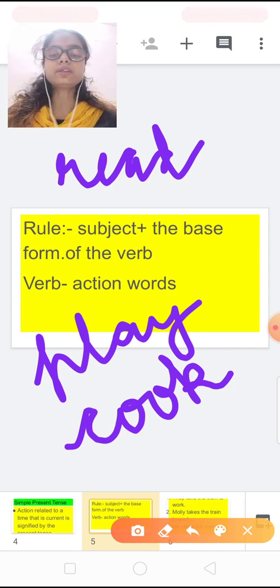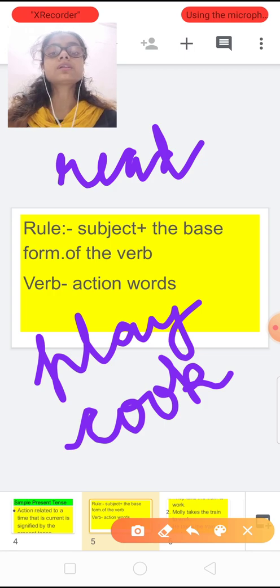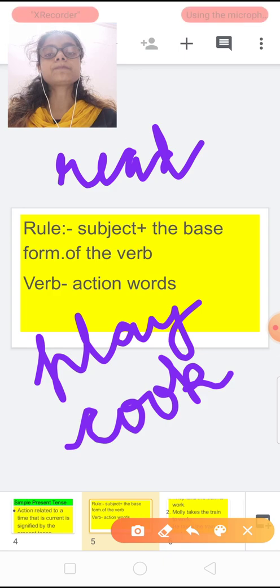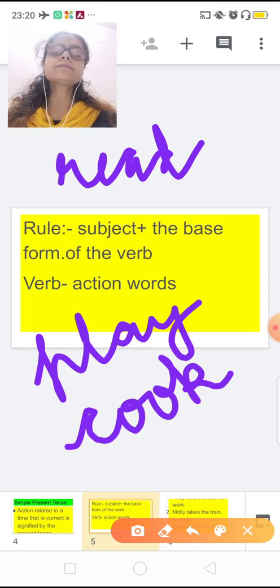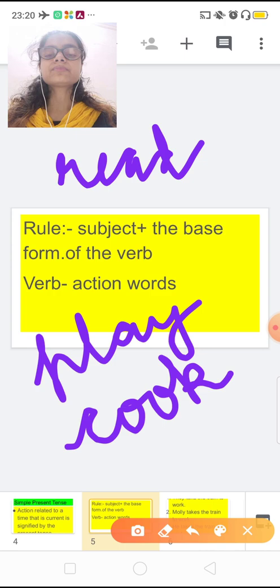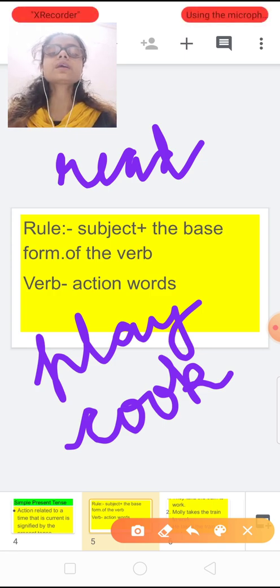Noun, you know, and pronoun is the word which is used in place of a noun. I hope you know about the pronoun that you must have covered in your 5th standard. Like he, she, it, you, I, these are all pronouns. So as I told you, action verbs: read, play, cook.